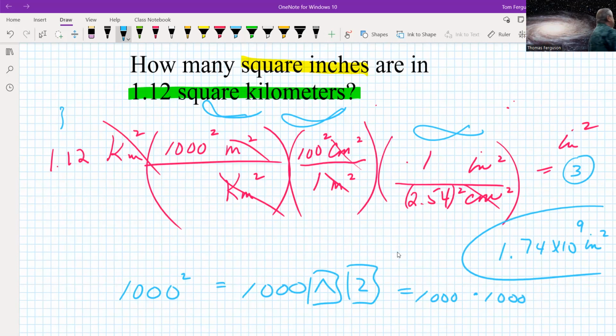Carat means exponential, so that's x squared, or 1,000 times 1,000. Work through that on your calculator, make sure you end up with the same answer, and you've done the 3 sig figs.